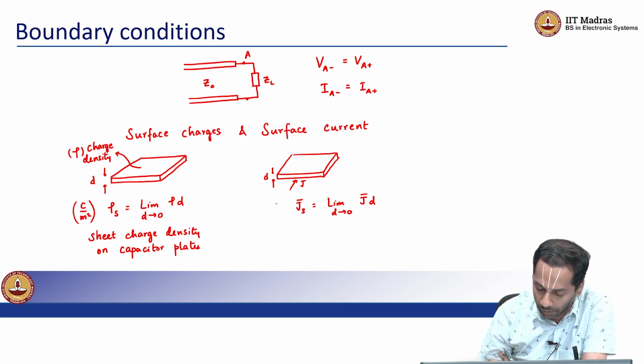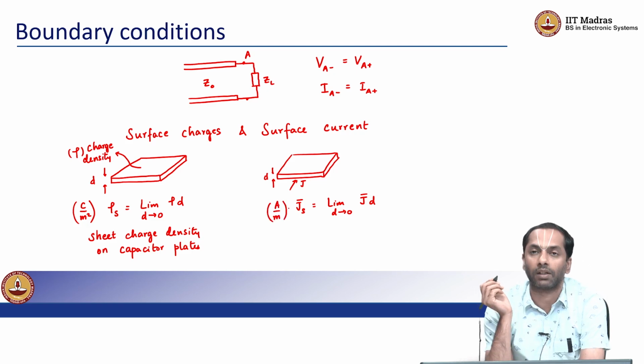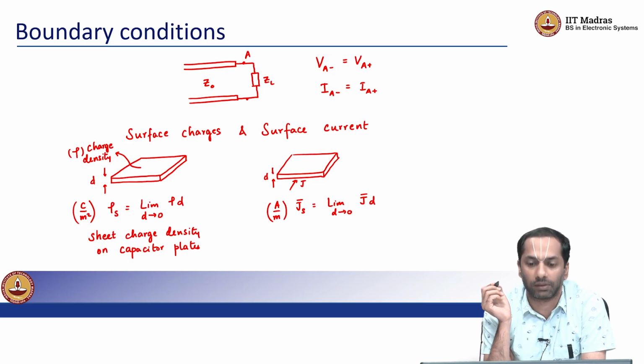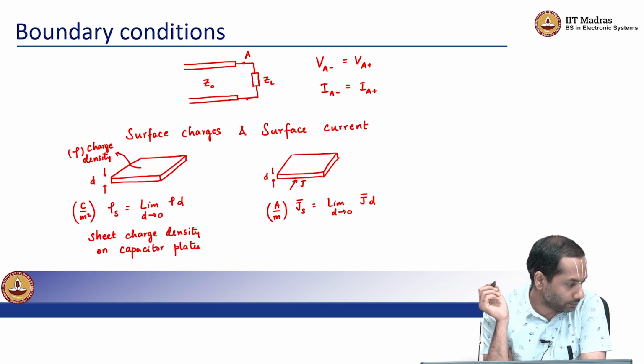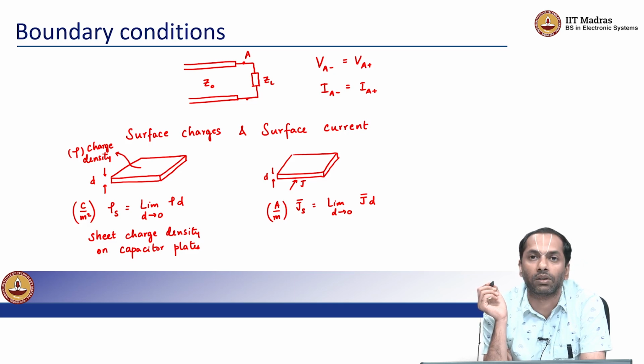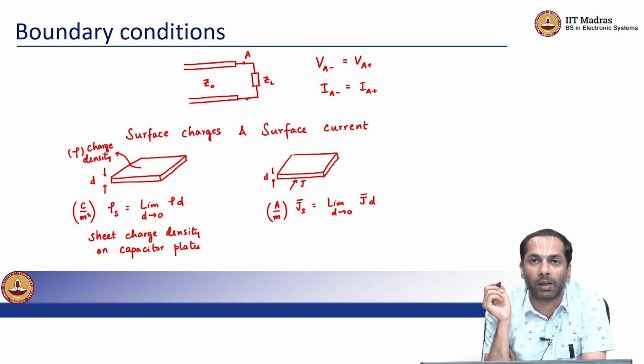Remember the units of Js is amperes per meter. The current density was amperes per meter square, and so the units for surface current density is amperes per meter.